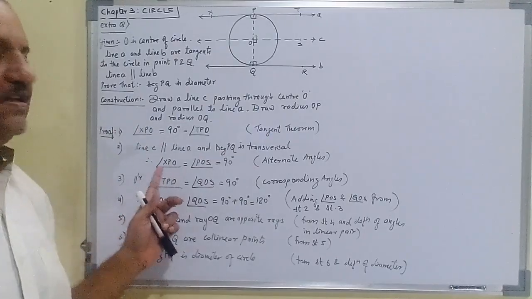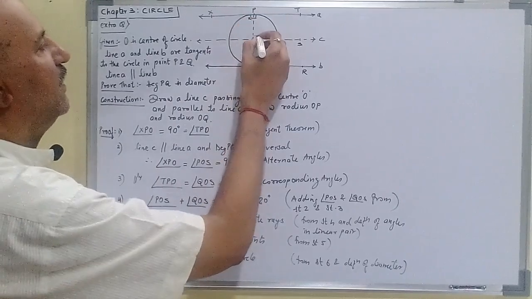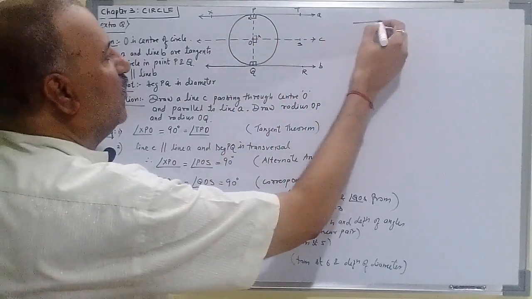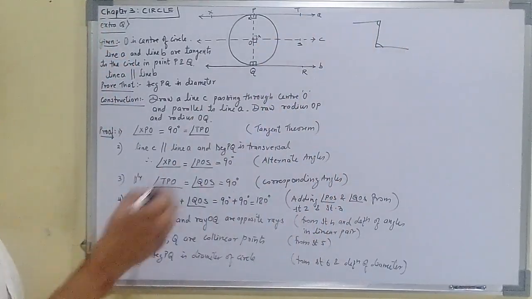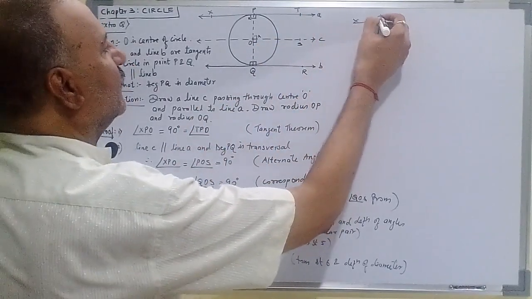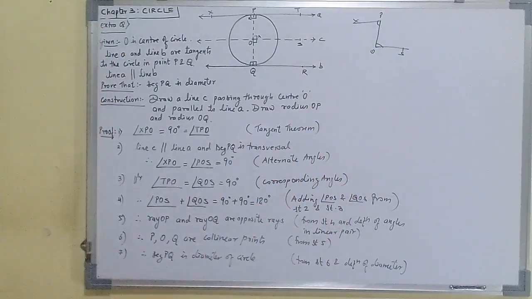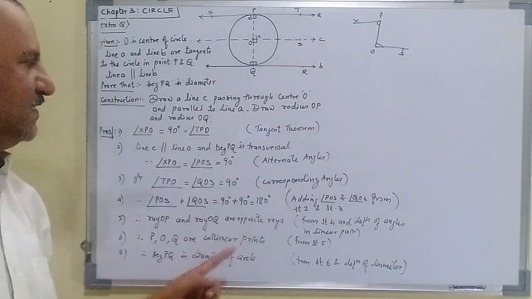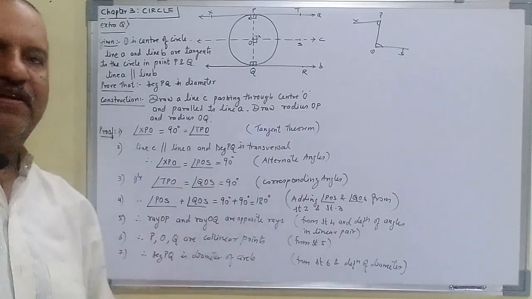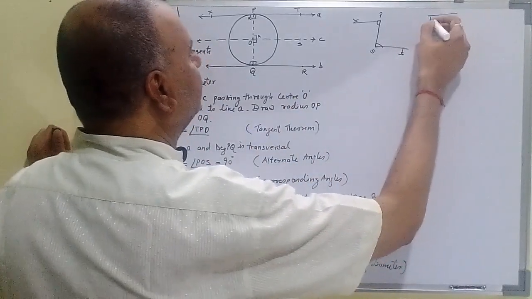So what we get is alternate angles. Please see this and this, it is forming a Z. So angle XPO equal to angle POS equal to 90, alternate angles. At the same time, look at this.